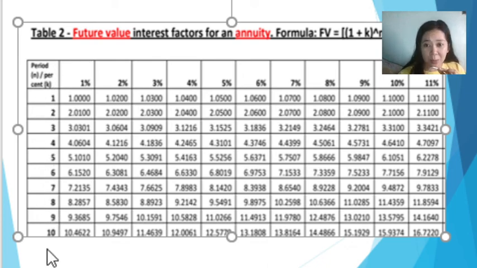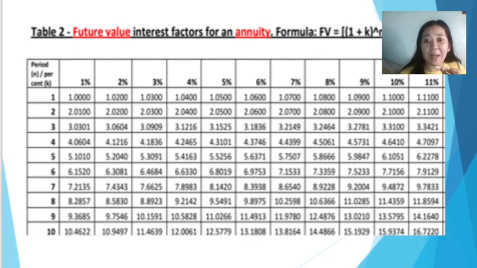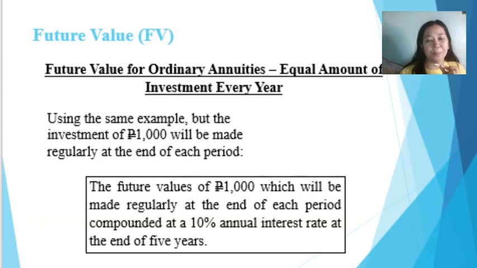It has columns for the period of time or years, and it has rows for our interest rate. Then we will locate which interest factor we are going to use to compute the future value. So we have here an example to use the table.